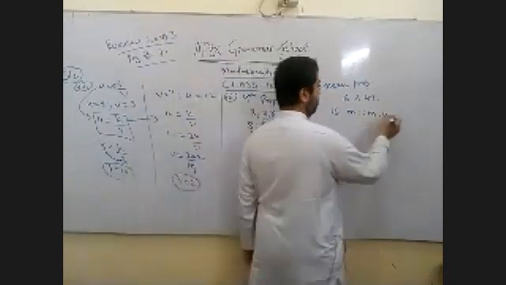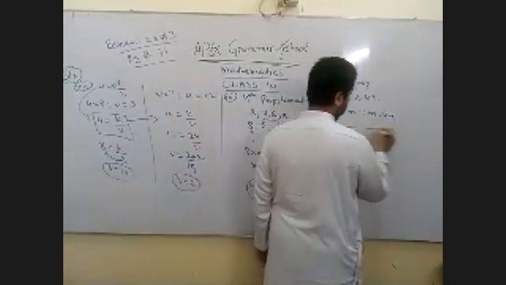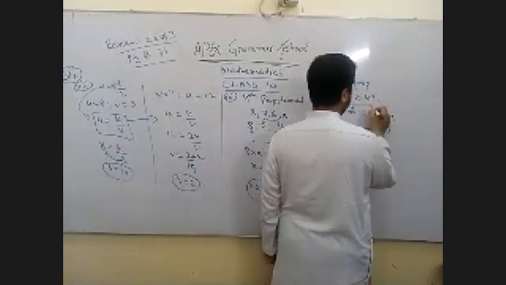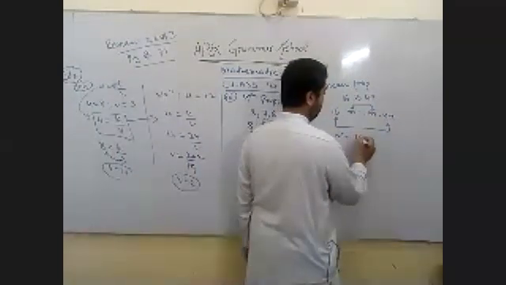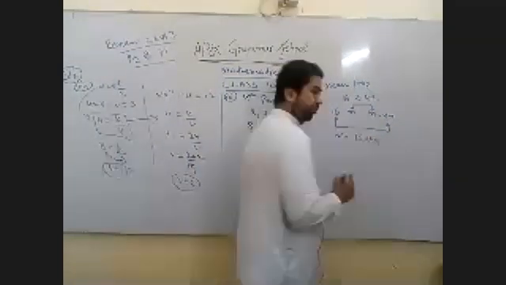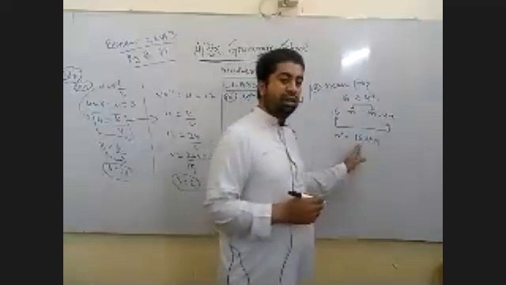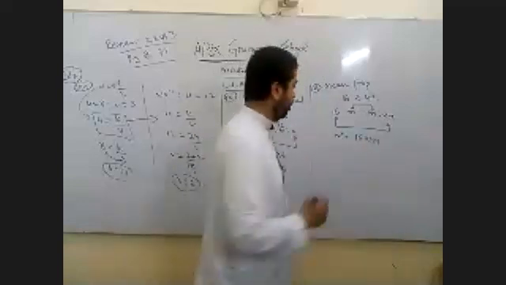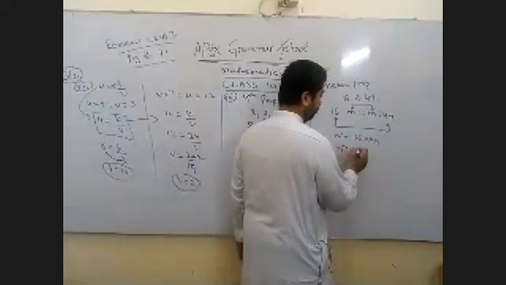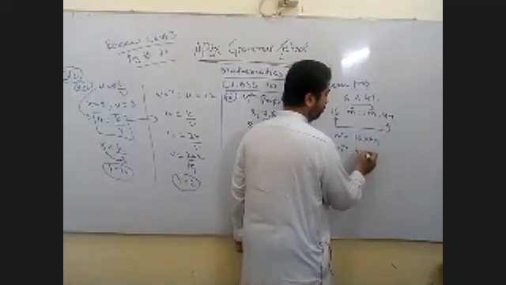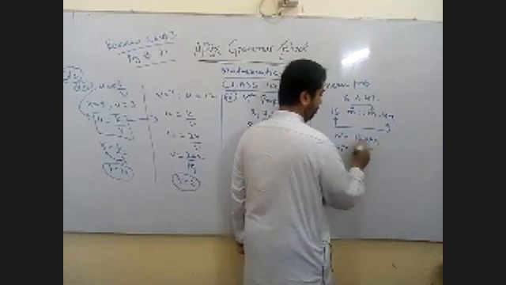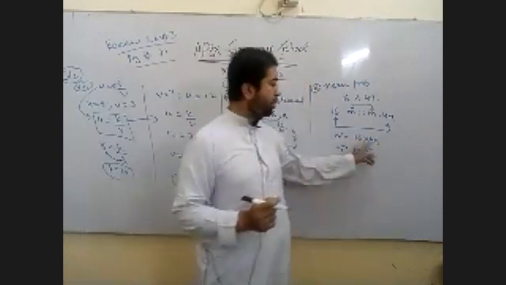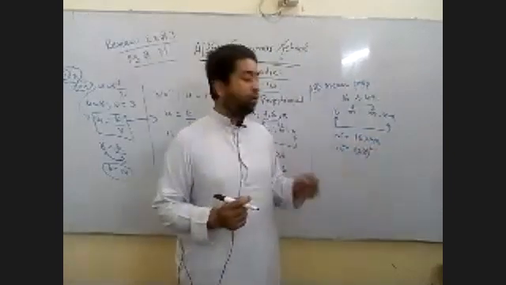So again, product of extremes, product of means. So m square is equal to 16 multiplied by 49. You know that 16 is the square of 4. Basically, it is 28 square. 16 multiplied by 49, the answer will be the square of 28.